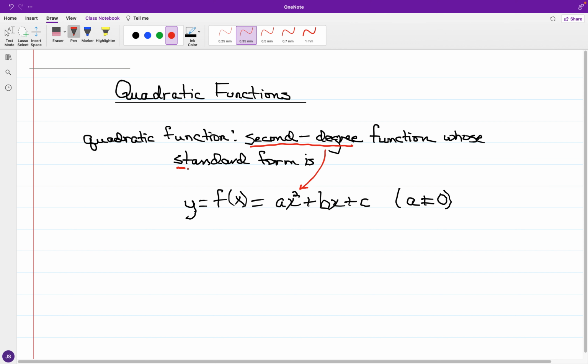Again, this is the standard form, and we're going to be getting back to this form, but the other type of layout is what is regarded as the vertex form of a quadratic function.